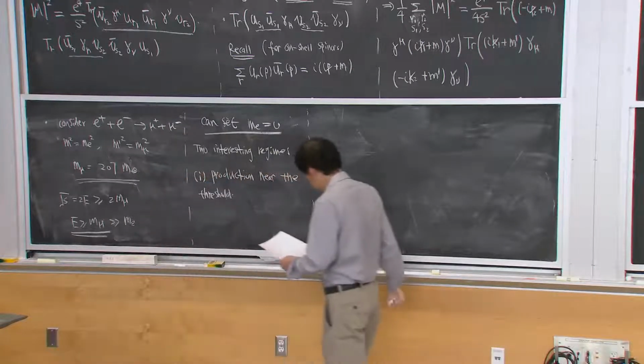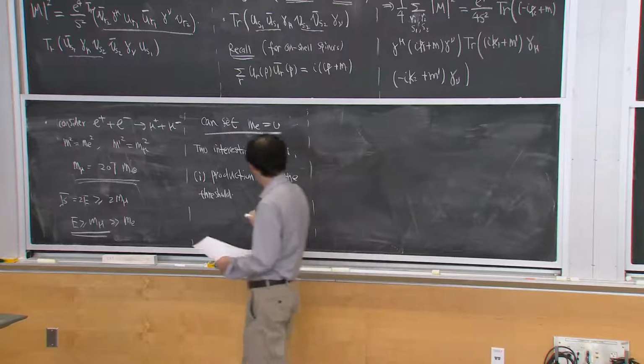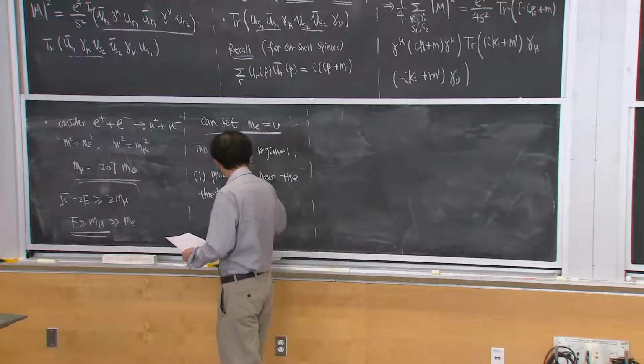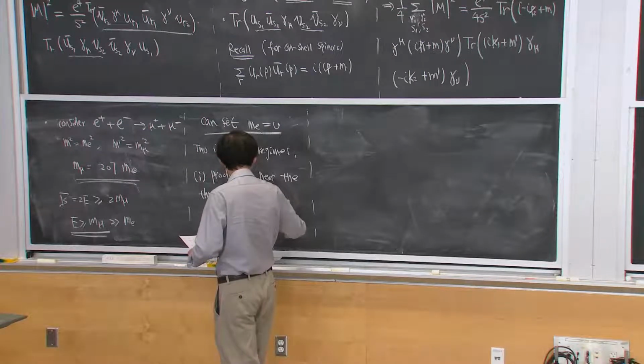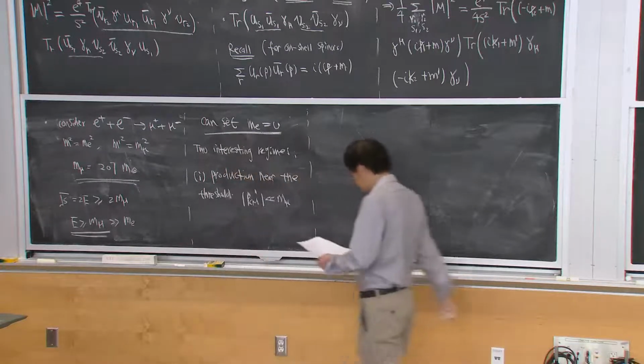Just near the threshold means that p_CM prime is much, much smaller than m_mu.